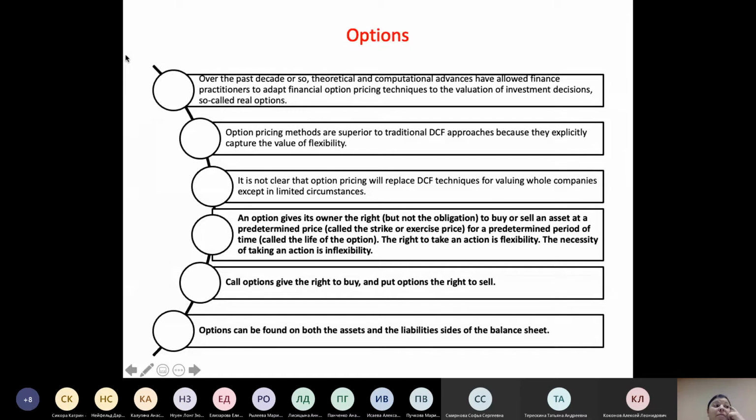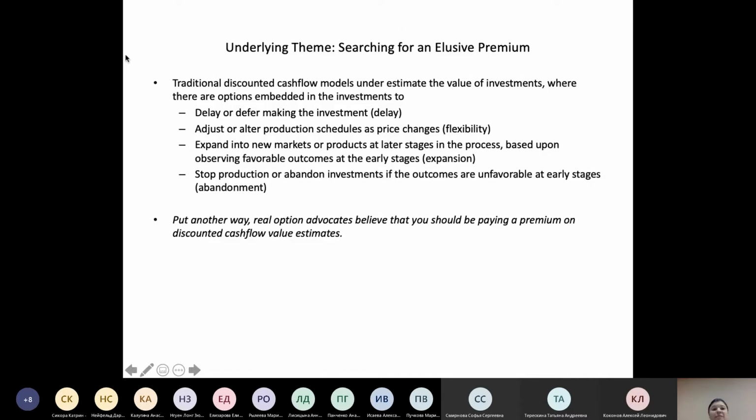In other words, by receiving convertible bonds, you are receiving the opportunity to transform your convertible bonds into shares under the predetermined conditions. And as for the examples of real options in company valuation, I presented the classical examples on this slide.